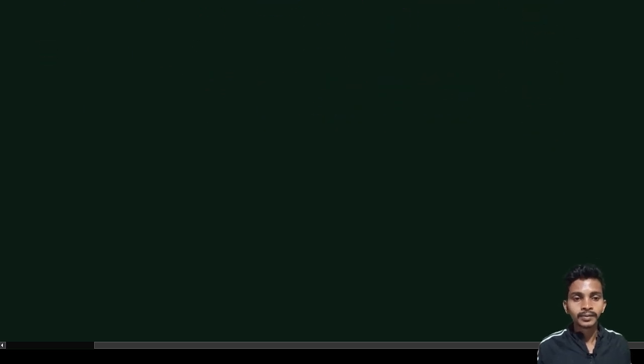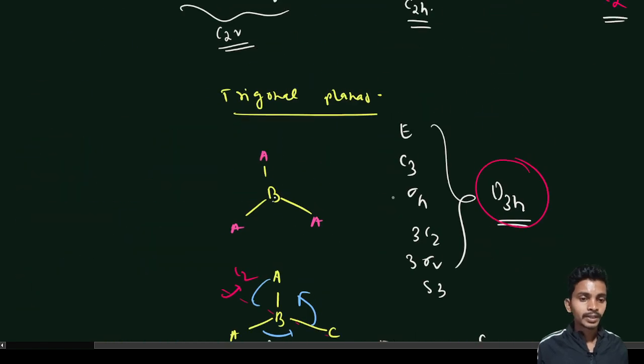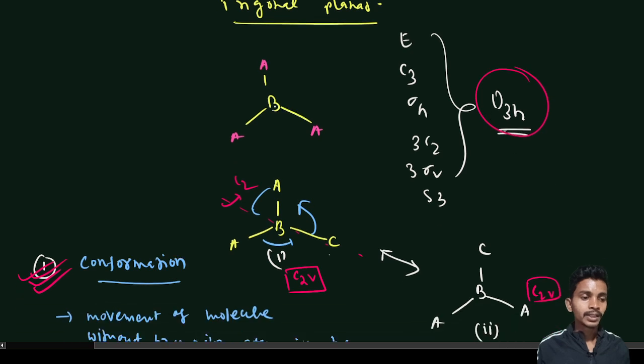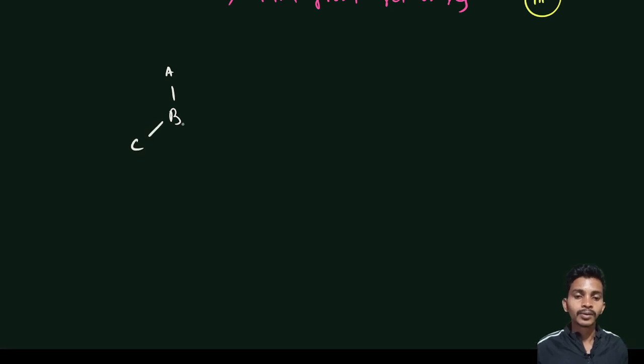Now next, previously how many atoms did we change? In the first case, all are A, and the point group is D3h. If I replace one atom, it changes to C2v. Now if I replace two atoms, let's say B, A, this is the same point group.